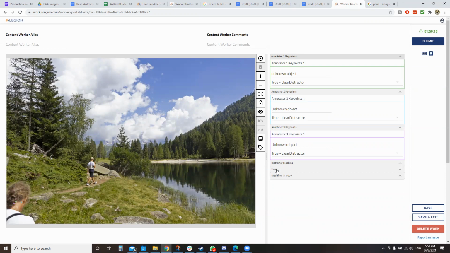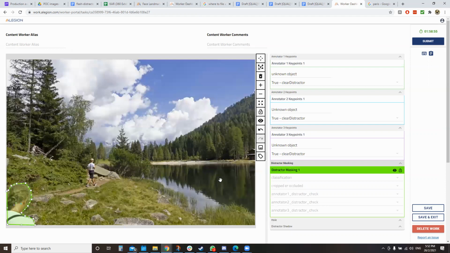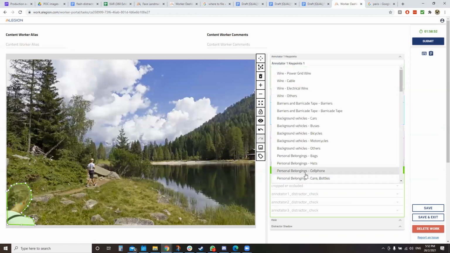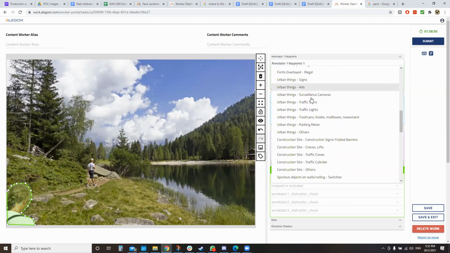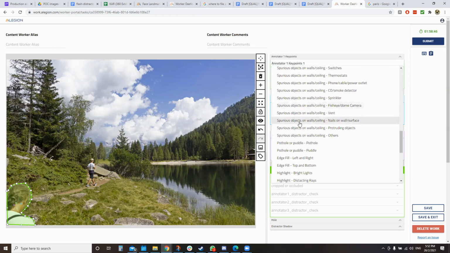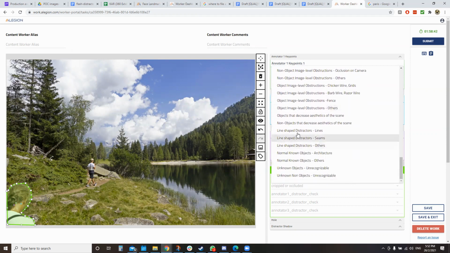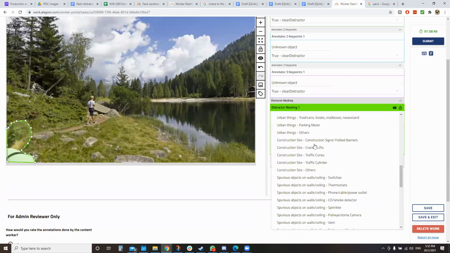So what you will do is first click on distractor masking. You will click on the polygon tool. You will draw a polygon around the distractor, and then you will finish it. Then you will select, what is it, people.